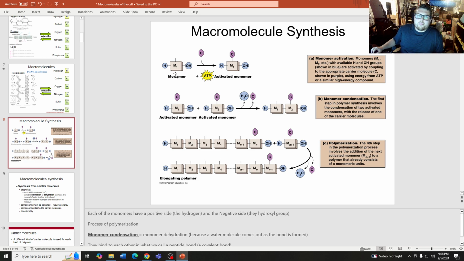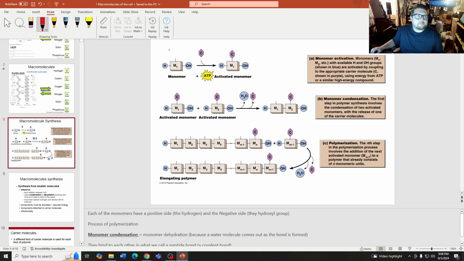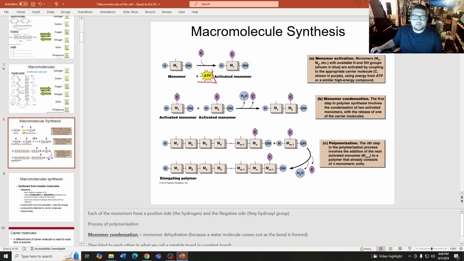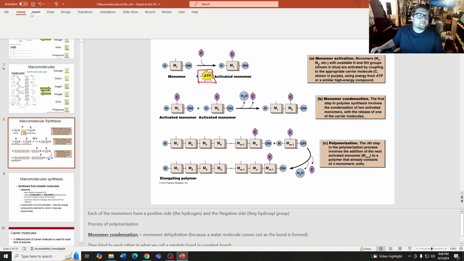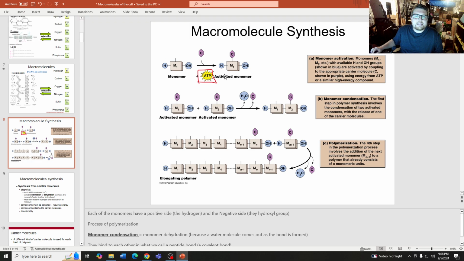So we take a monomer and we have what's called an activated monomer using ATP. ATP, you will hear tons and tons about ATP. If you do not recall this, ATP equals adenosine triphosphate.